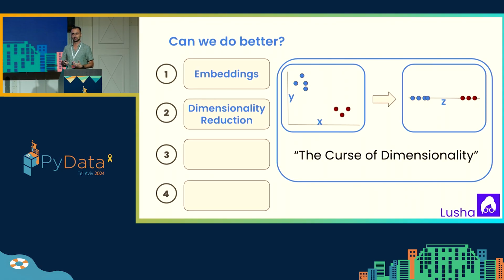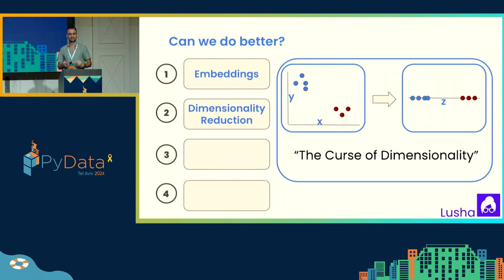And the reason that we need to perform dimensionality reduction on the embeddings from the first step is that usually the models that convert sentences into vectors produce hundreds, if not thousands, of dimensions. That is, those lists of numbers are very long. And in such high-dimensional spaces, the distances between vectors sort of lose their meaning.